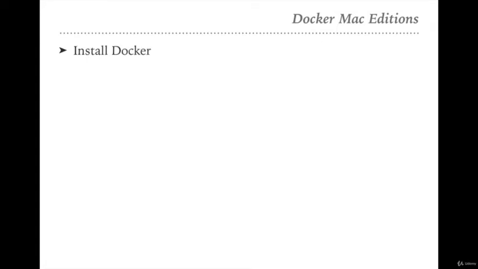Now we will see how we can install Docker on a Mac machine. For this we need to go to the website www.store.docker.com. We visited it in the last lecture when we were installing Docker on a Windows machine.